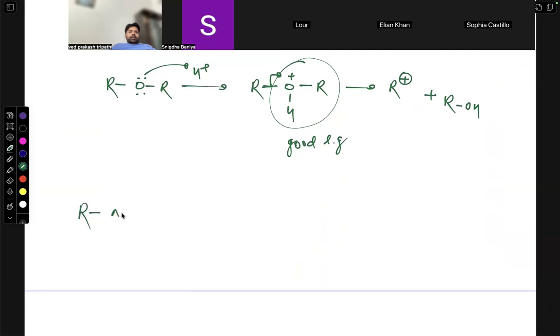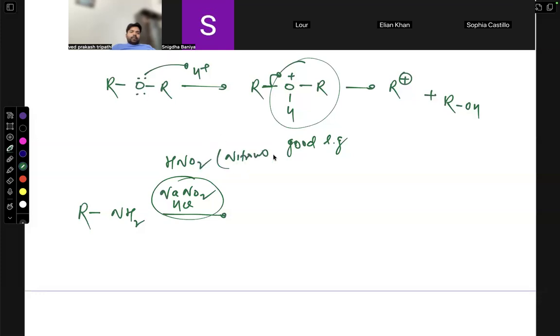This one is also very important. This is amine. So when amine is treated with NaNO2 with HCl, it forms HNO2, nitrous acid. And when amine reacts with nitrous acid, it forms RN2 plus. Now N2 is a very good leaving group.